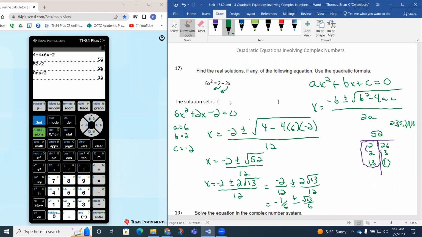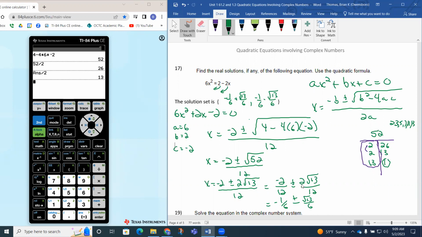So if we want to write it as 2 solutions, we write this as negative 1/6 plus the square root of 13 over 6, comma, and then negative 1/6 minus the square root of 13 over 6. So that would be a way to write it in exact form.